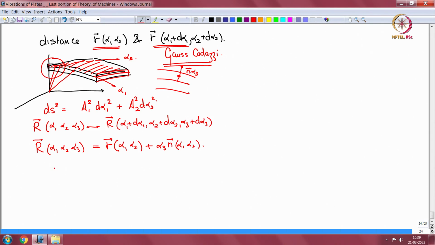So, with this definition, what is dR? dR is obviously dr plus alpha 3 times dn, plus n into d alpha 3. So, dr we know from earlier. So, what is dn? dn is del n by del alpha 1 d alpha 1.